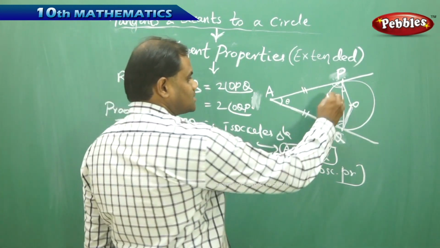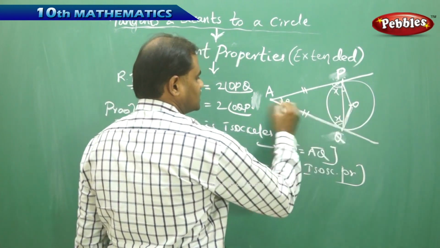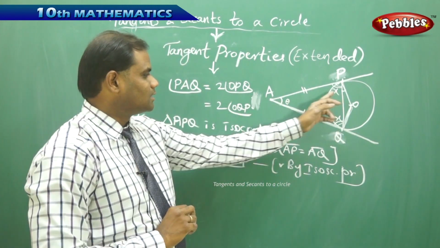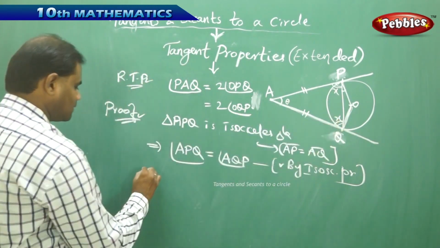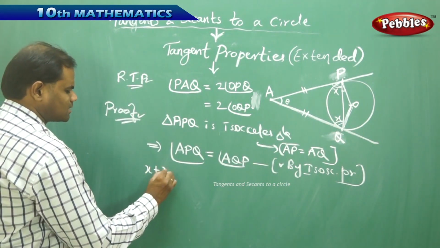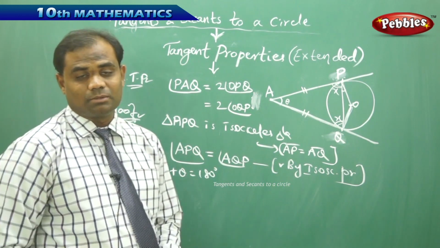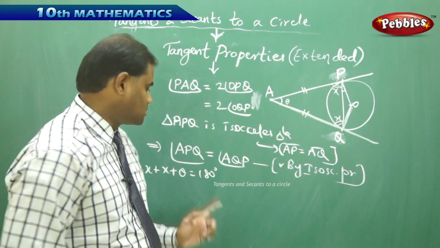So if I take this angle as theta, and this is x and this is x, then x plus x plus theta is 180 degrees, because the sum of three angles in a triangle is 180.